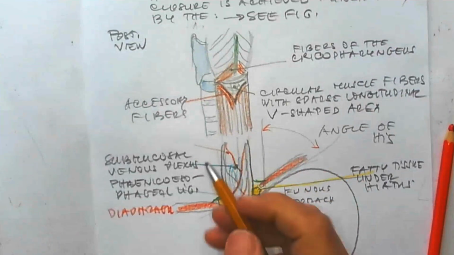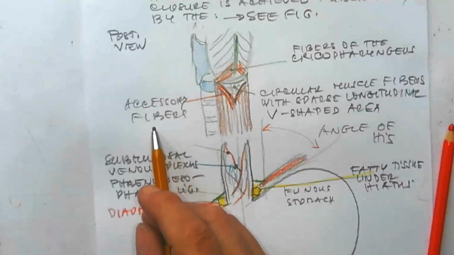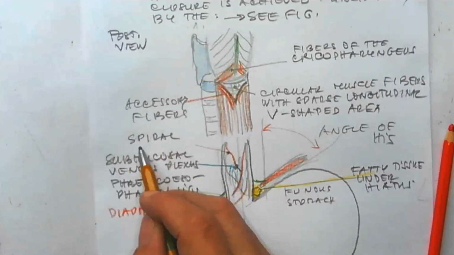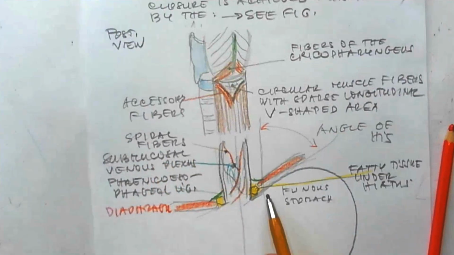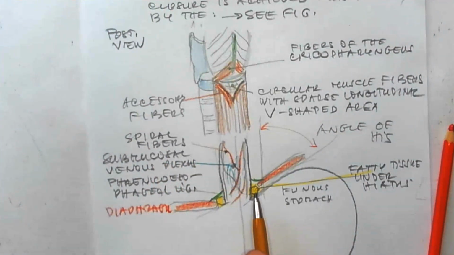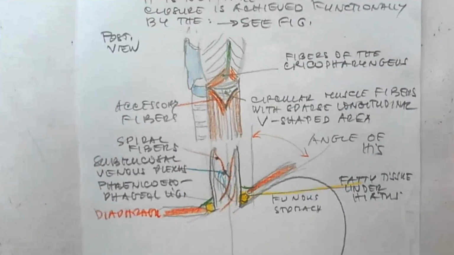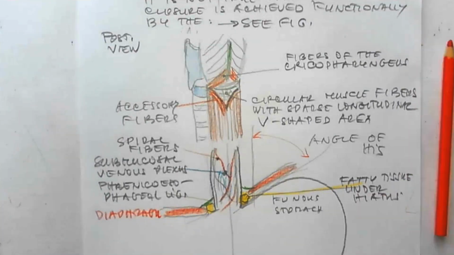We could add again the title. We call it spiral fibers. I mean that it could be all spiral fibers.